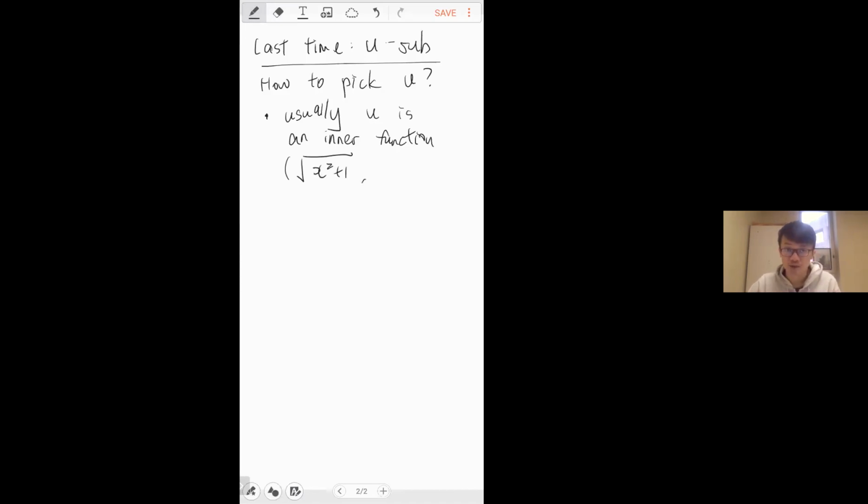So x squared plus 1 is inside the square root function. So one option is you pick U to be x squared plus 1. And then maybe something like 1 over 3x plus 4. So 3x plus 4 would be the choice because it's 1 over something. It could also be tangent of 1 over x, and this 1 over x would be your inner function because it's inside the tangent function.